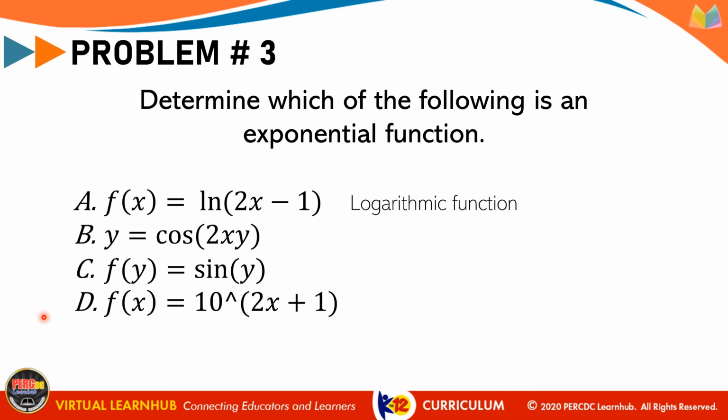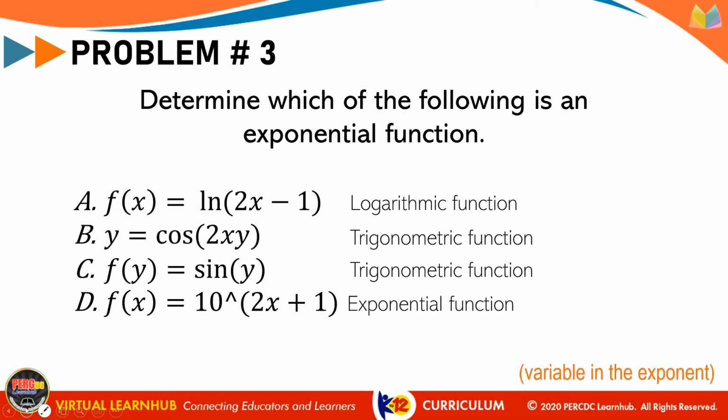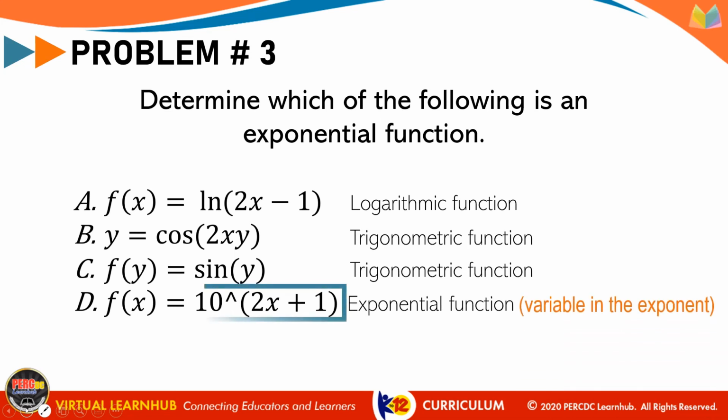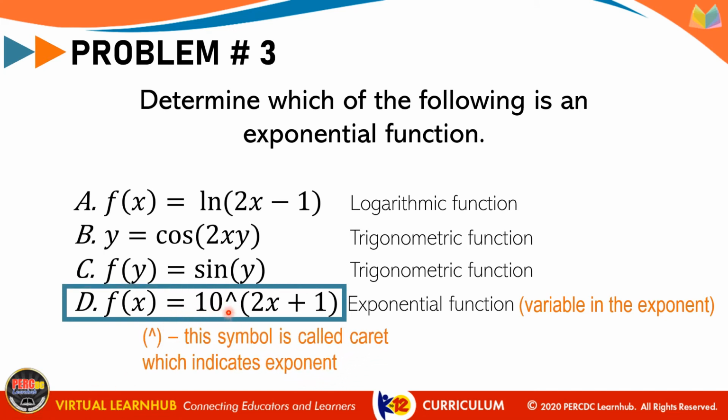Obviously, A is a logarithmic function. B is a trigonometric function. C is also a trigonometric function. And D is the exponential function because of the variable in the exponent. This symbol is called the caret, and this indicates an exponent.